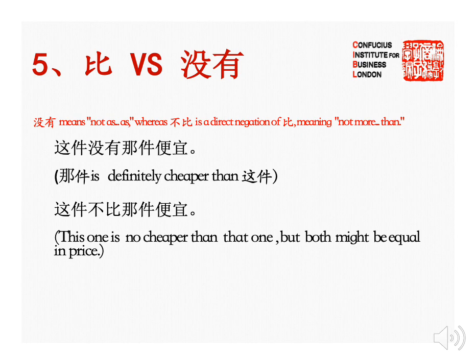A very simple example, 这件没有那件便宜, which means that one, 那件, is definitely cheaper. 这件不比那件便宜. We don't know which one is cheaper or more expensive. In this structure, it means both are equal in price, so they may be at the same price.